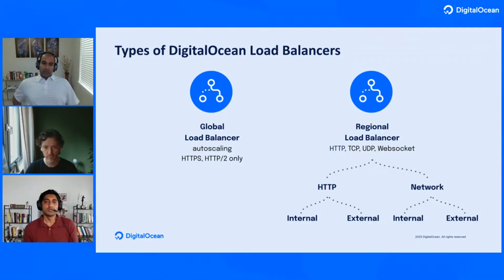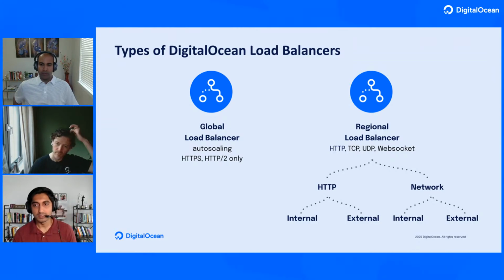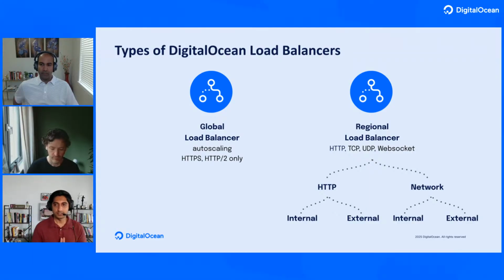Now, a little bit on what are the types of load balancers that we offer. DigitalOcean offers two high-level types of load balancers. One is global and one is regional. And within the regional load balancer, you can see there are two subtypes, that is the HTTP load balancer and a network load balancer. And both of these load balancers can work as internal versus external.